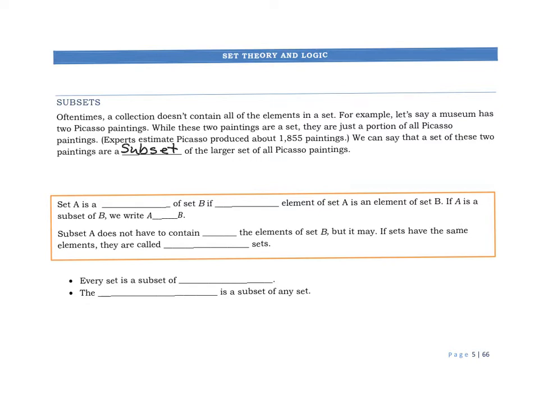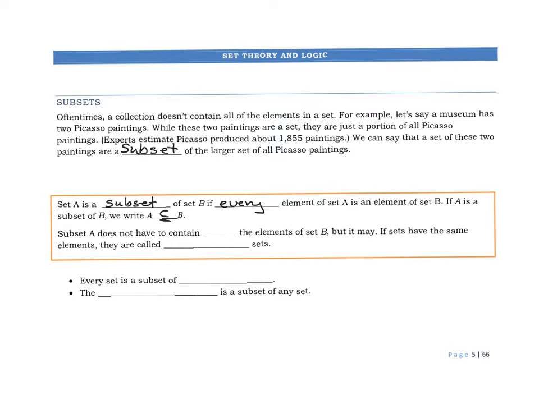So let's formalize this a bit. Set A is a subset of set B if every element of set A is an element of set B. So as far as the notation goes, it looks like this.